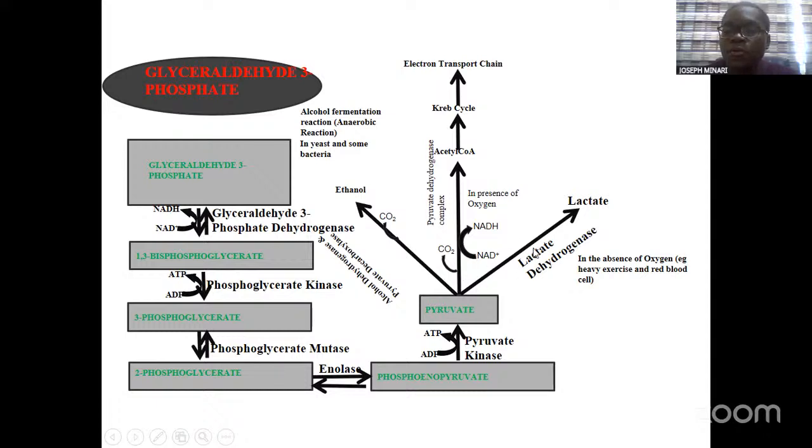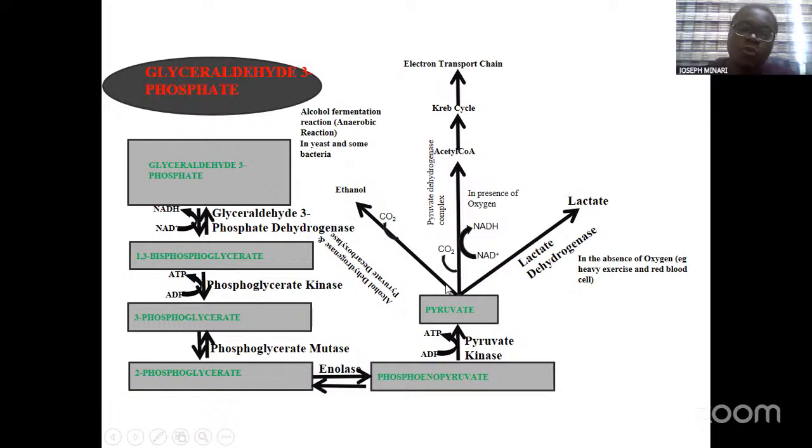In the absence of oxygen, it could go to lactate in the presence of the enzyme lactate dehydrogenase, while it could also go to ethanol in the absence of oxygen, where we have alcohol dehydrogenase and pyruvate decarboxylase. We are producing the ethanol especially in yeast and some forms of bacteria.